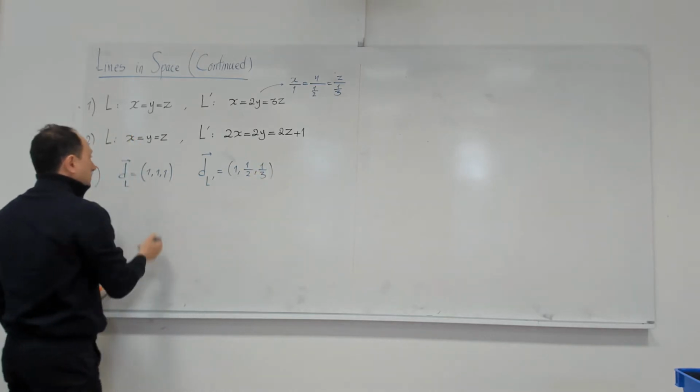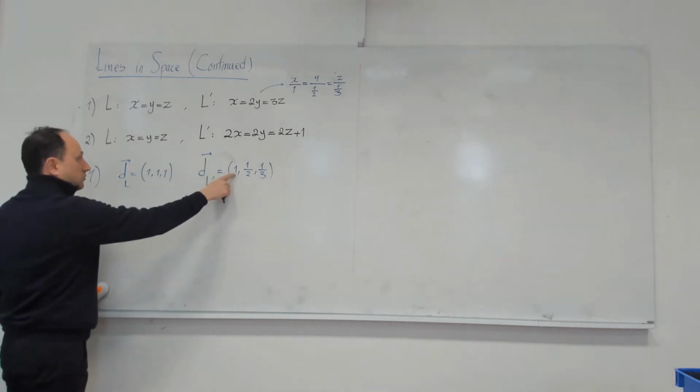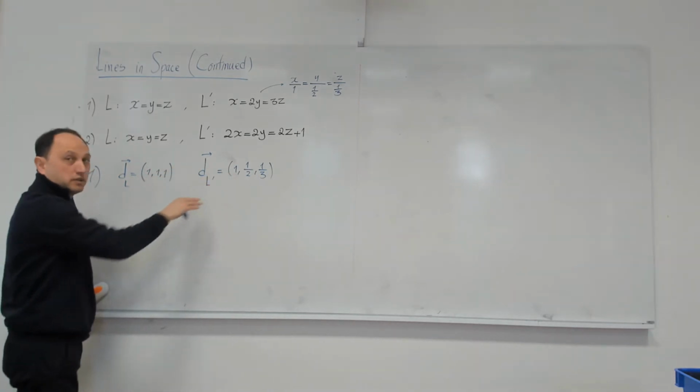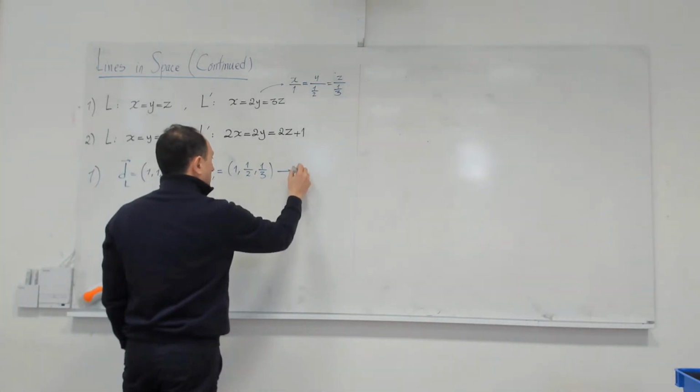Yes. But are these two d's parallel? No, because 1 is just the same 1, so this is not a multiple of the other one. So this means that d of L and d of L prime are not parallel.